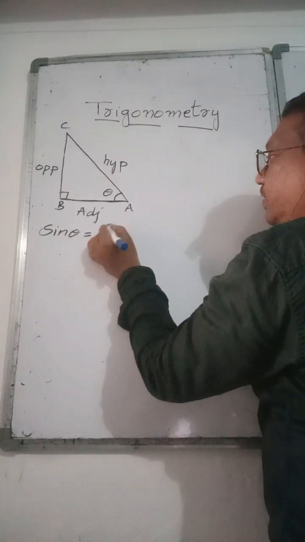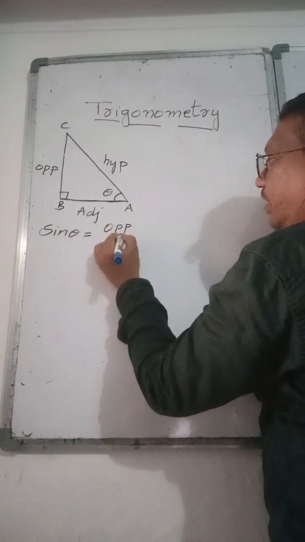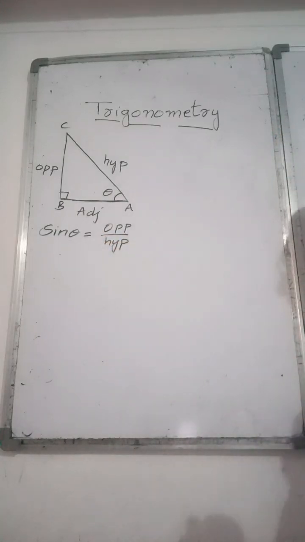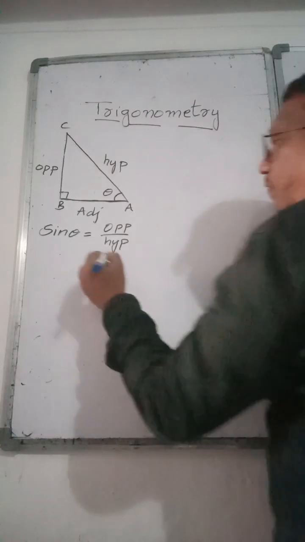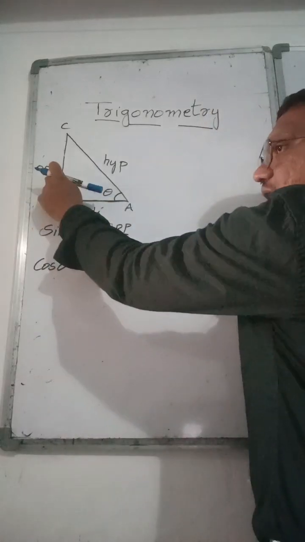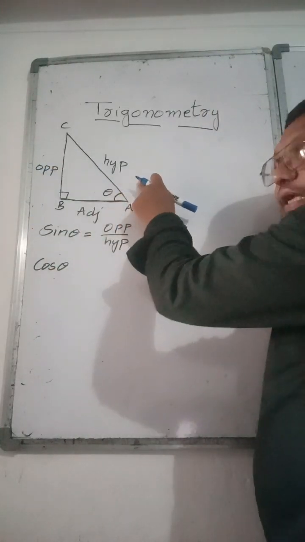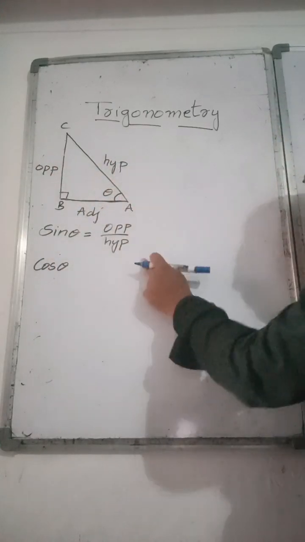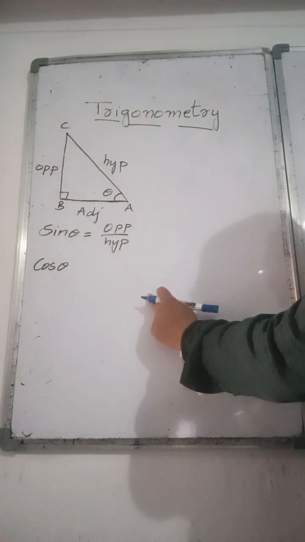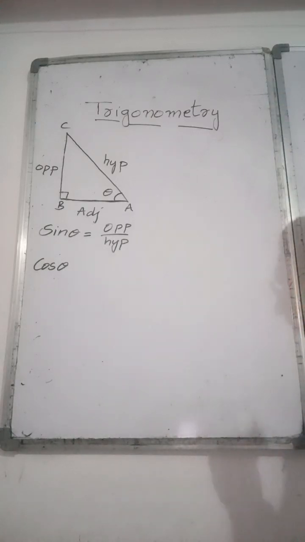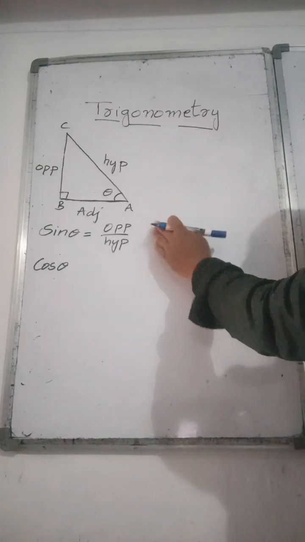It is opposite by hypotenuse, that is, the opposite side by the hypotenuse. If it is like 5 and 7, then 5 by 7. That is the ratio, right? Generally we write a ratio in fraction form.